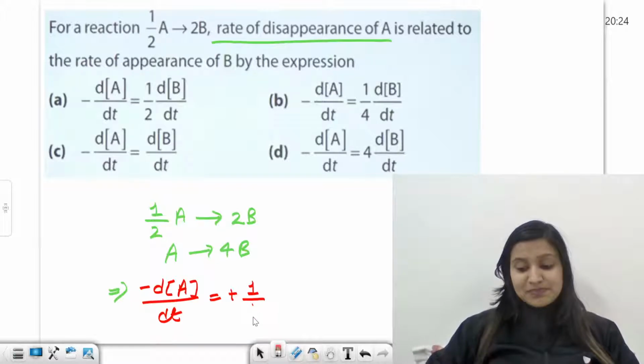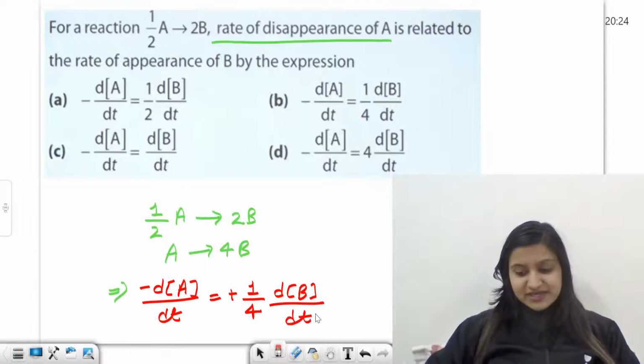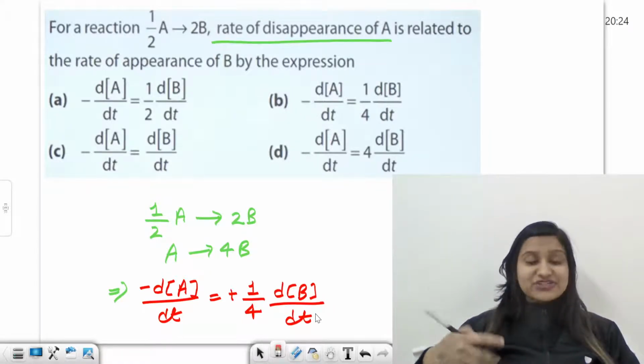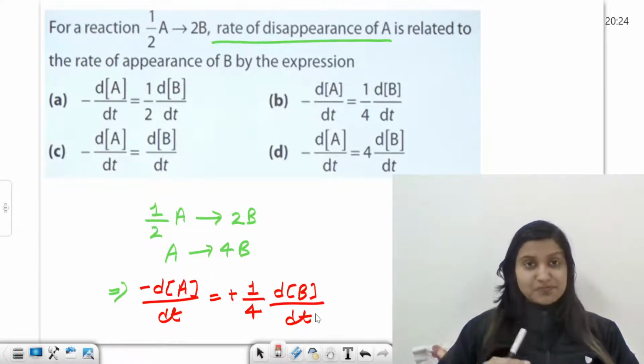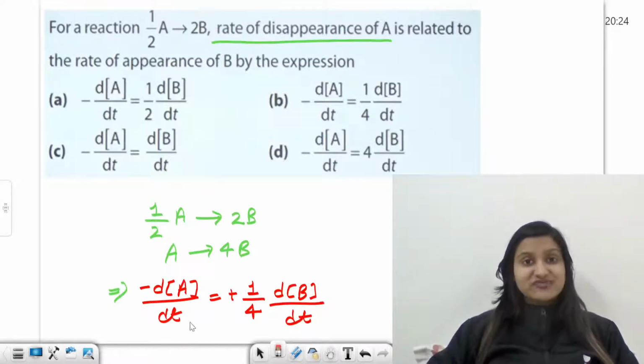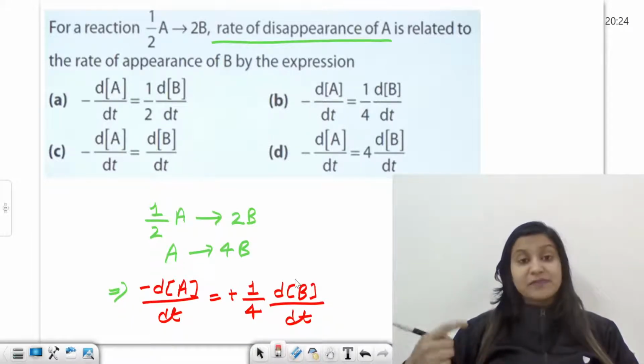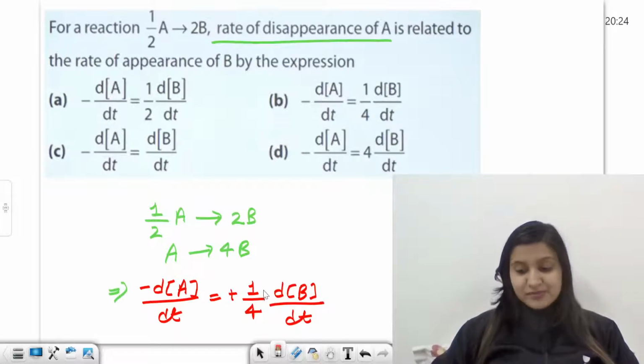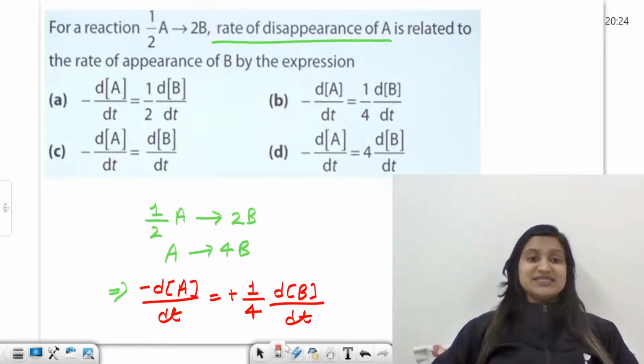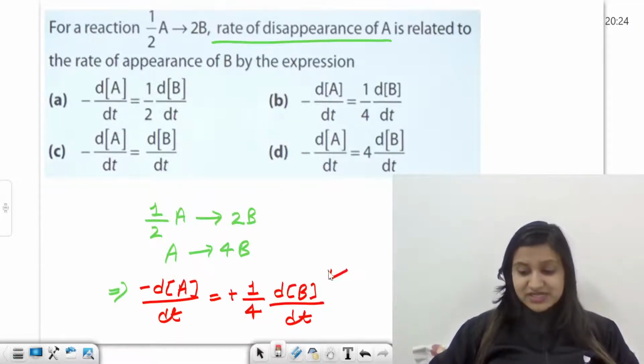So the rate of reaction itself expresses that the rate of disappearance of A, that is minus of dA by dt, is related to the rate of appearance of B by 1 by 4 dB by dt. So this will be your correct option.